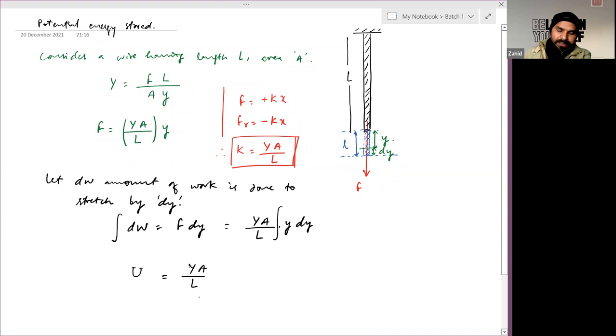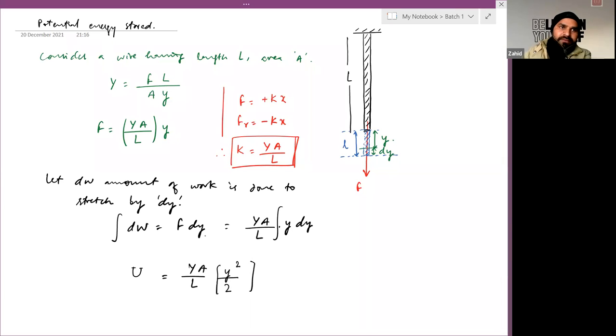YA divided by L is constant. We have y to the power 1. So on integrating, it will be y squared divided by 2. Now, limit of extension.